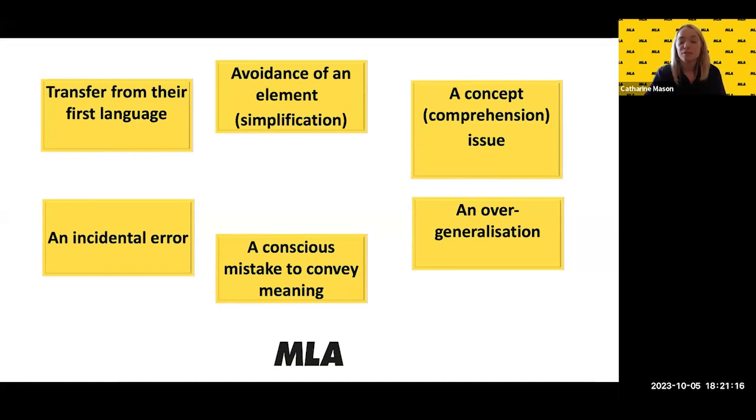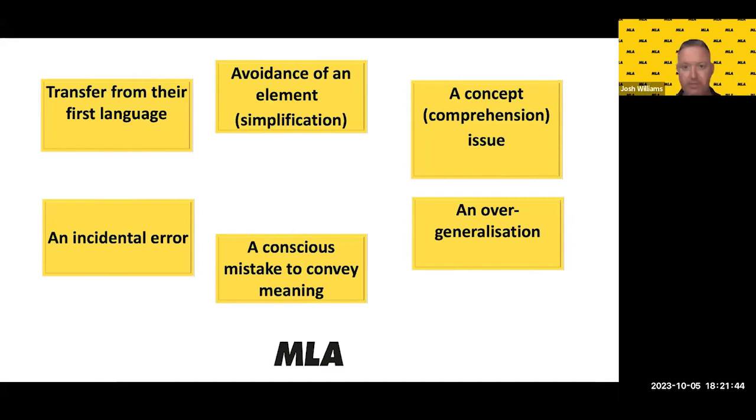So if your student is tired or distracted and they make an incidental error, do we really need to focus on that mistake there? Similarly, as students are trying really hard to communicate and continue conversation, and they find a solution with a different word, do we need to focus on those conscious mistakes?